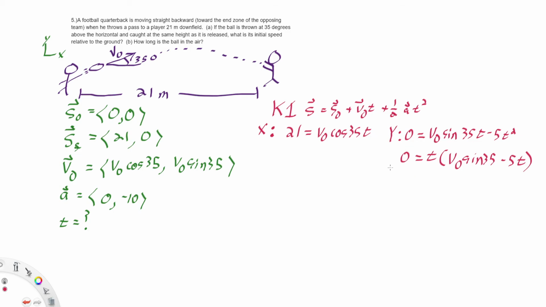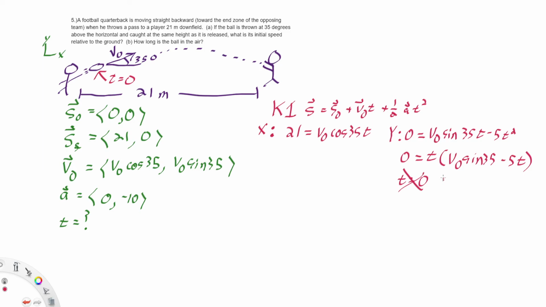So if we've got two things multiplied together giving us 0, that means that one or the other or both of our factors has to be 0. So it could be that t equals 0, except that's the moment when the ball is released, not when it's caught. So that's actually not the solution that we're interested in. So we are interested in the solution where the thing in parentheses is 0.